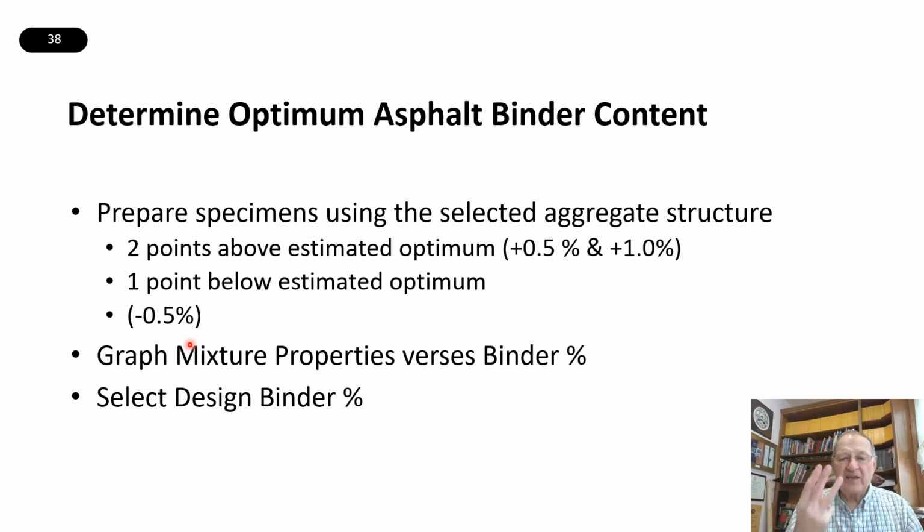So we're going to have at least 3 points. Sometimes designers will do 4 points. Then we're going to create graphs of the mixture properties for the different binder contents, and we're going to select a design asphalt content.